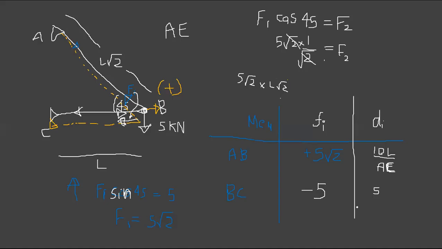And it's a contraction actually. For the other member, F is 5, L is L, over AE. Let's consider that area and E are not going to change.